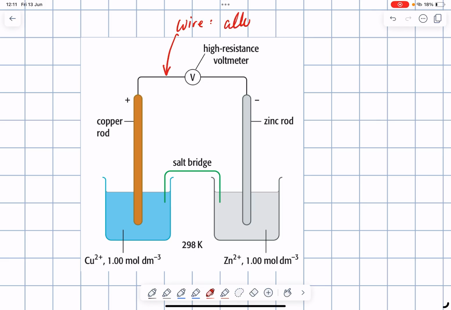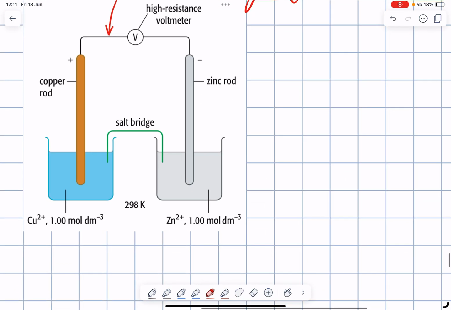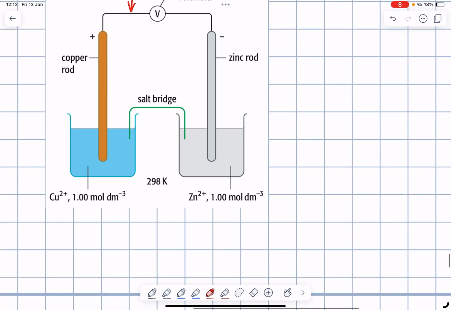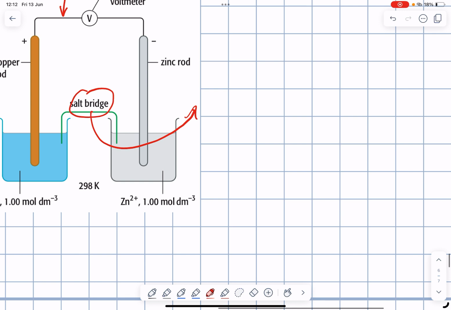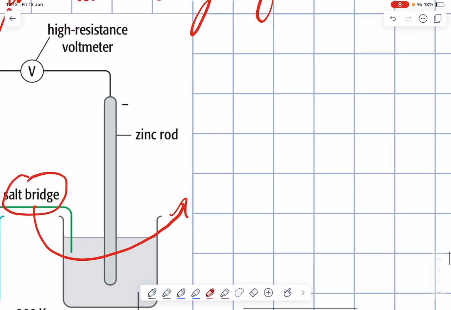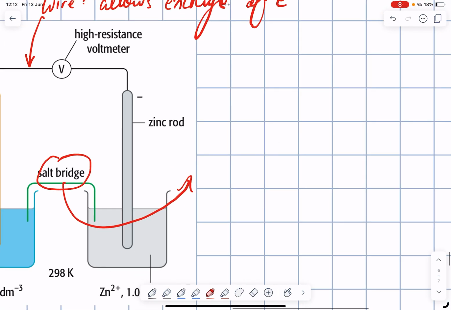This allows exchange of electrons. And here a salt bridge. A salt bridge can be made of filter paper soaked with saturated potassium nitrate solution.